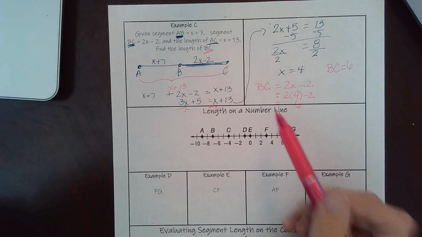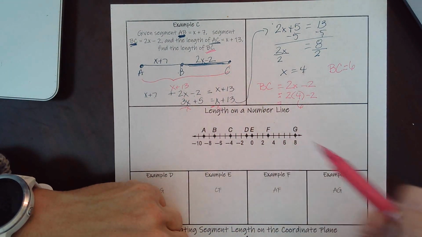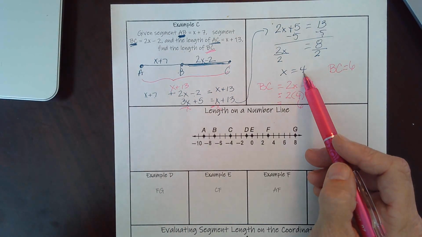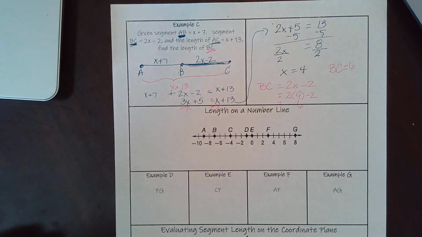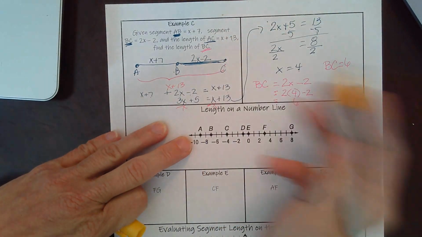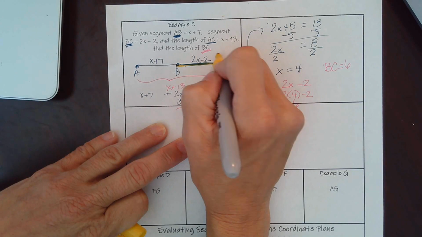So if I needed the lengths of each segment plus the whole total, I have everything I need because I found x to be 4. So, just for the sake of doing so, this BC we found to be 6.